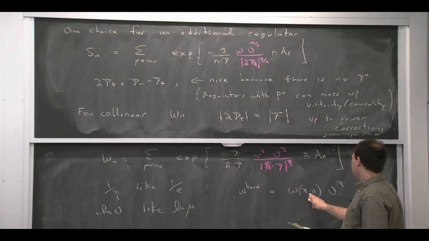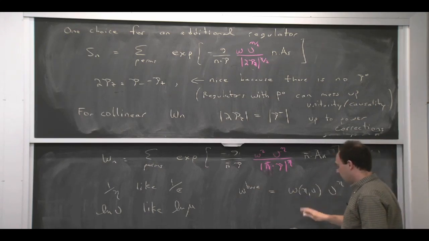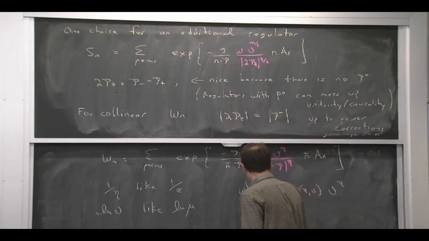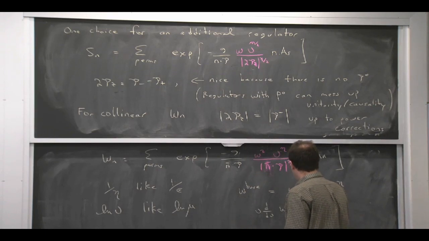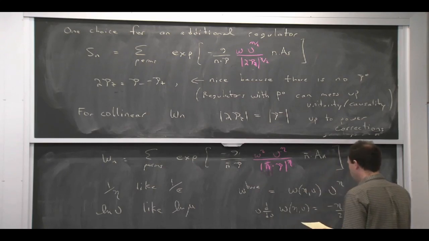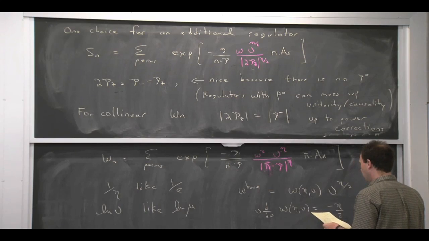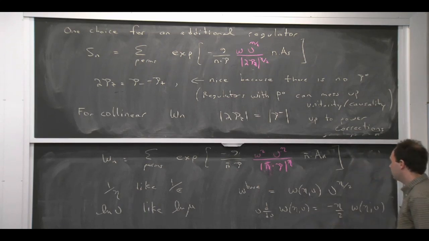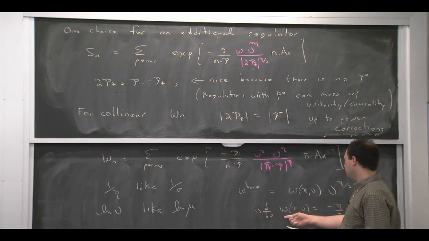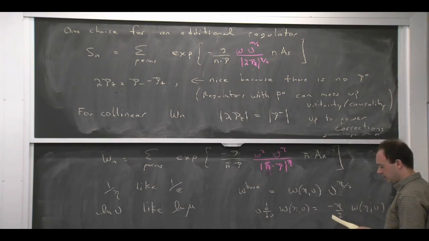Then this guy here, which is in eta dimensions, would have a renormalization group equation which says nu d by d nu of this W of eta, nu is minus eta over 2. Sorry, this is eta over 2. That's the analog of saying mu d by d mu of alpha is minus 2 epsilon alpha. It's the analogous statement.